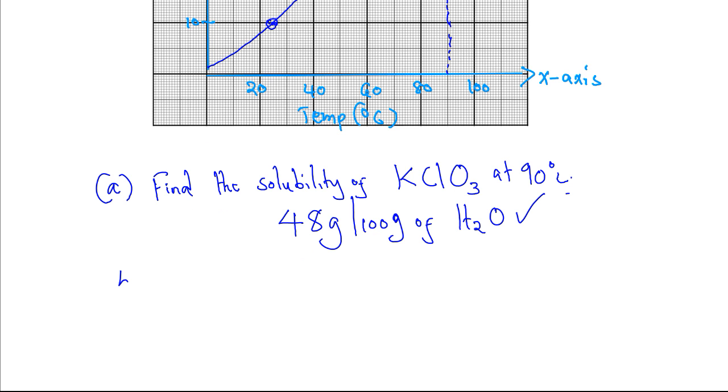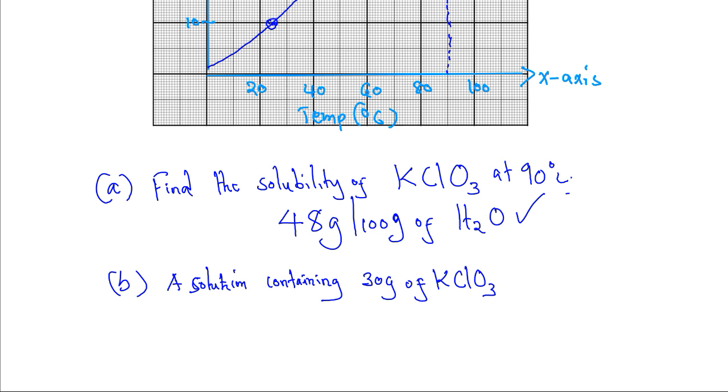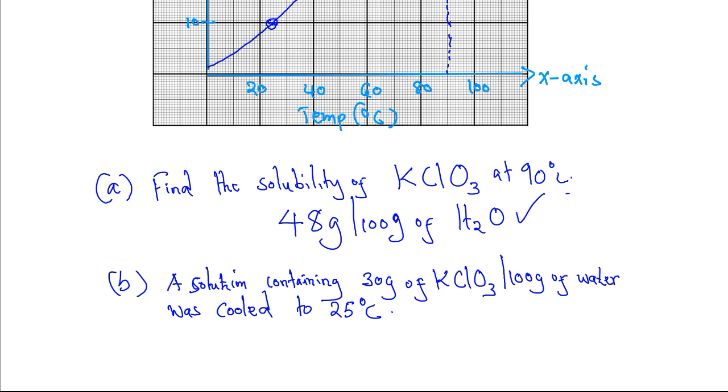Good. B, a solution containing 30 grams of potassium chlorate per 100 grams of water was cooled to 25 degrees Celsius.